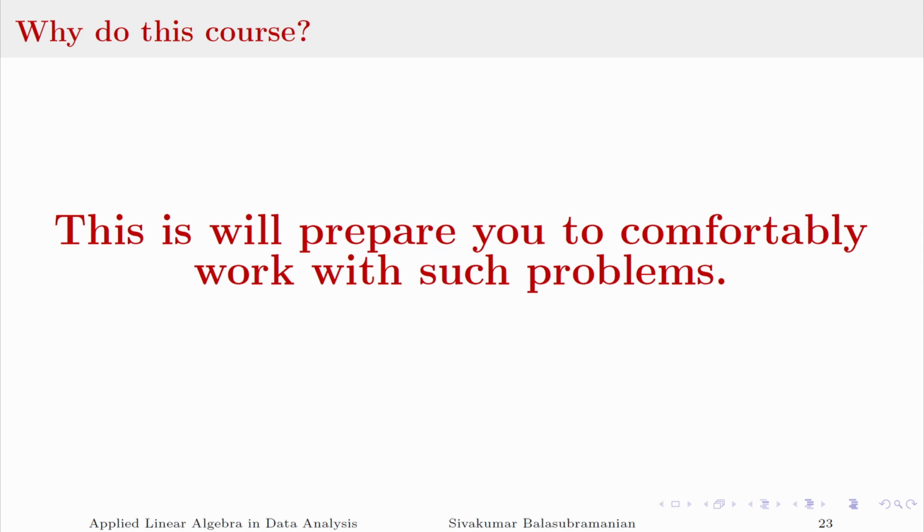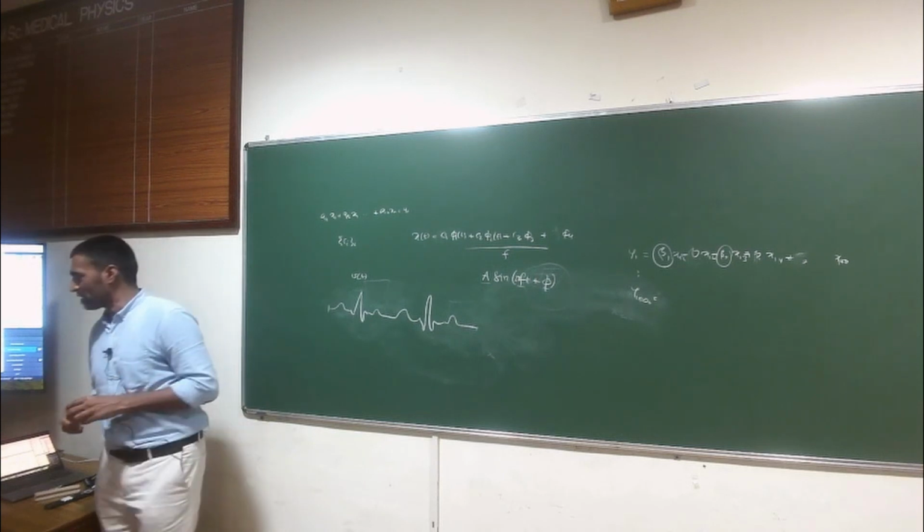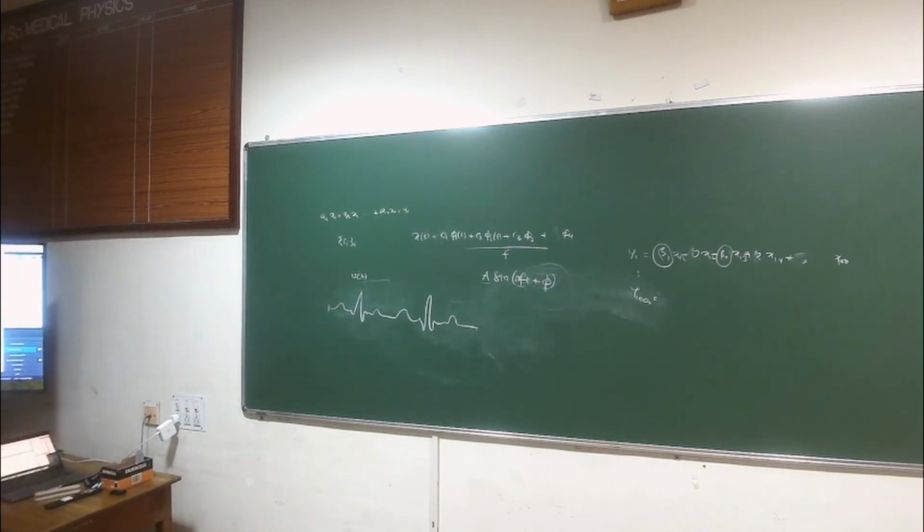My hope is that this course will at least prepare you to comfortably work with similar problems that you might have in your own field. So that's the end of the broad overview that I wanted to give. If there are any questions so far, we can talk about them before we move on to the actual core material of the course.